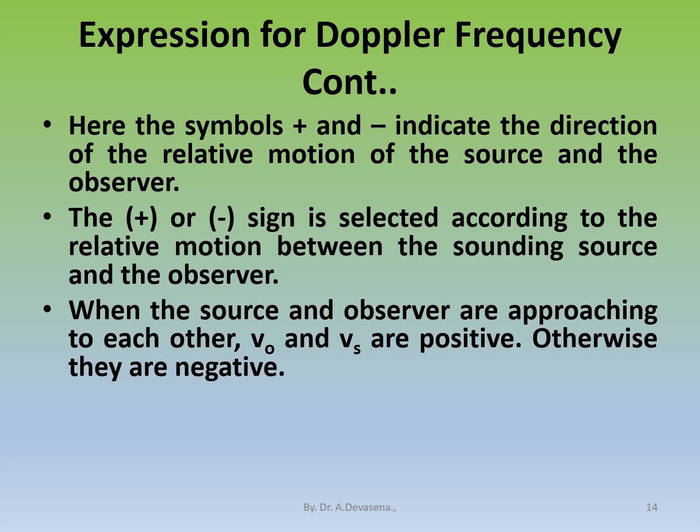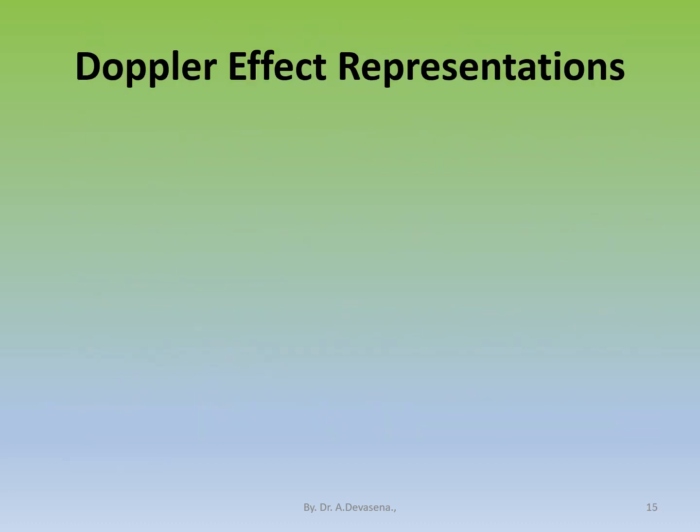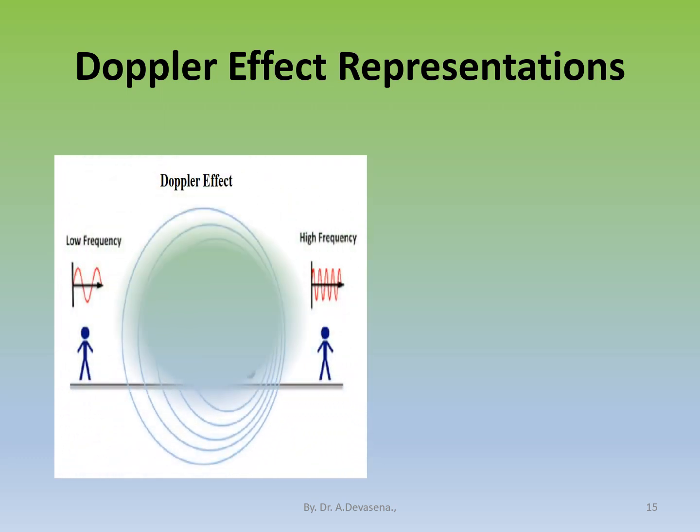When the source and observer are approaching each other, v0 and vs are positive, otherwise they are negative. One should notice that the motion of the observer and the source have different effects on frequency change. Doppler effect representations are shown here.